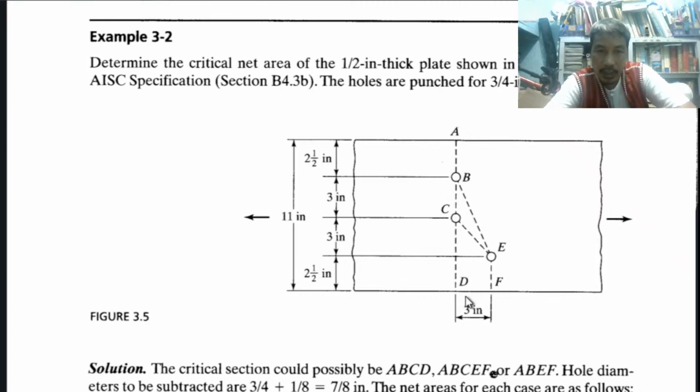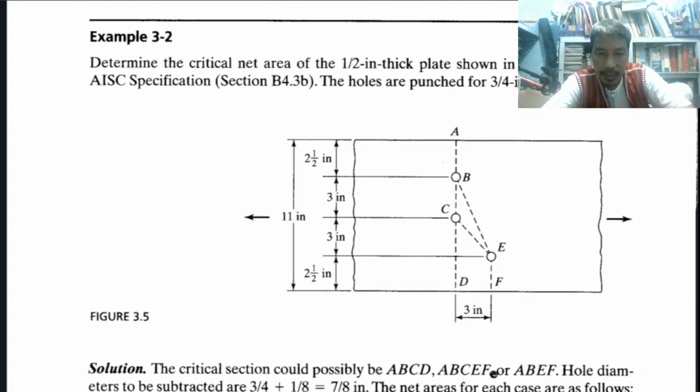Another possible path, A, B, C, E, F. Another possibility, A, B, directly to E, F. So there are 3 possible paths.